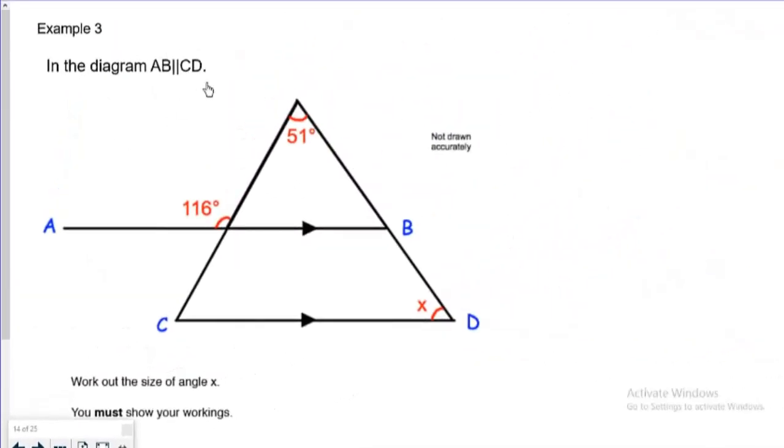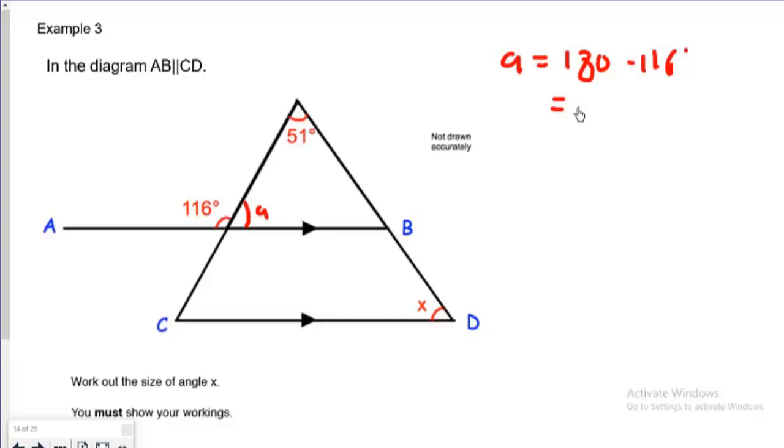In the diagram, AB is parallel to CD. Work out the size of angle X. You must show workings. Okay, so let's work out the angle for X. Now we can find this angle over here. Let's say this angle is A. So A is equal to 180 minus 116 degrees.